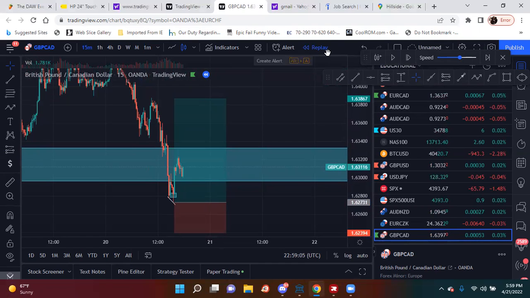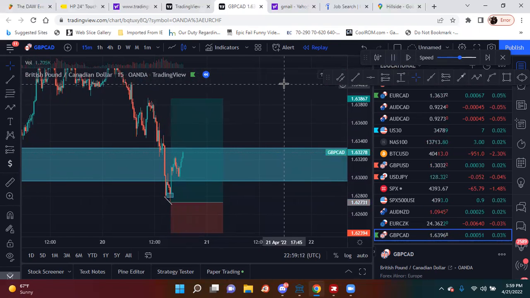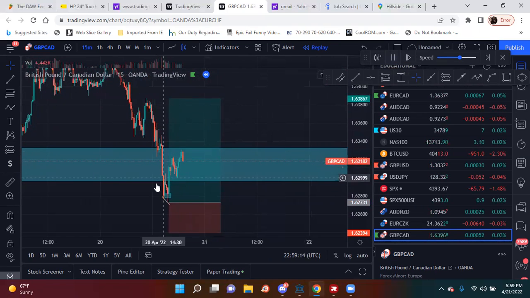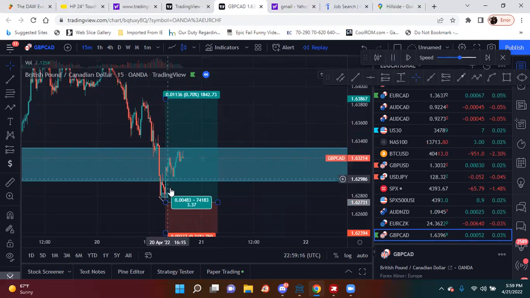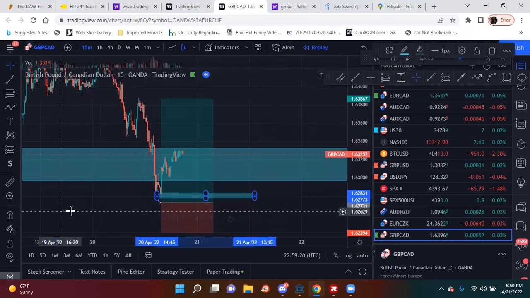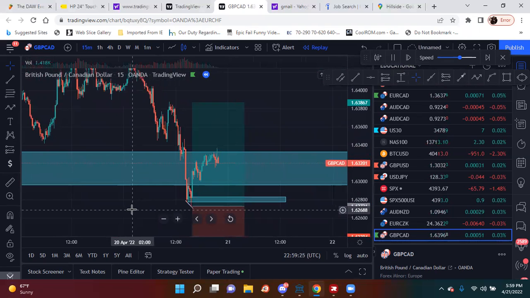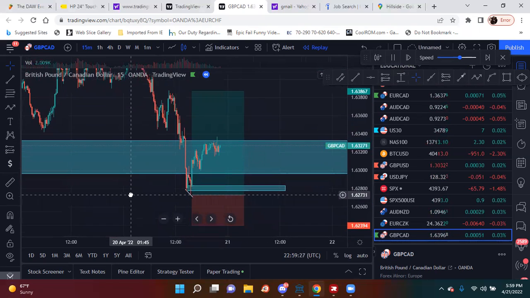Let's do the M15. I watch it carefully because I know it ain't just going to shoot up right now. It's going to come back down because it made imbalance right there. It's probably got to fill that imbalance. Shoot, I wasn't paying attention at this time. But we're still in profit.